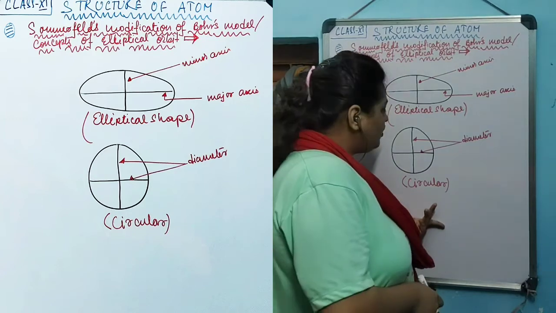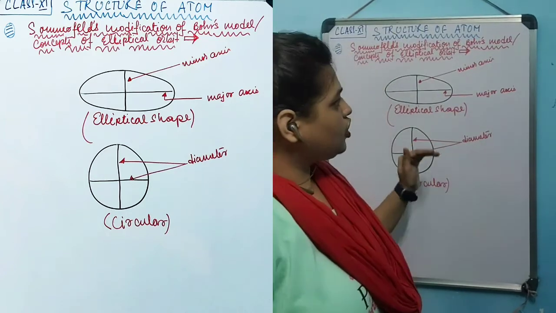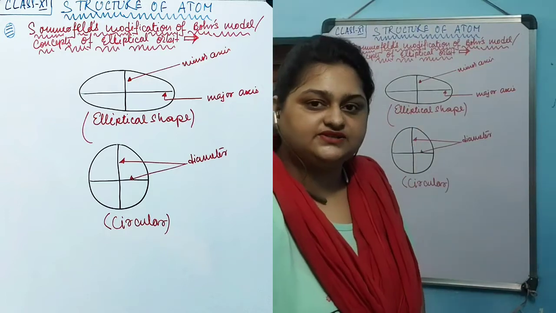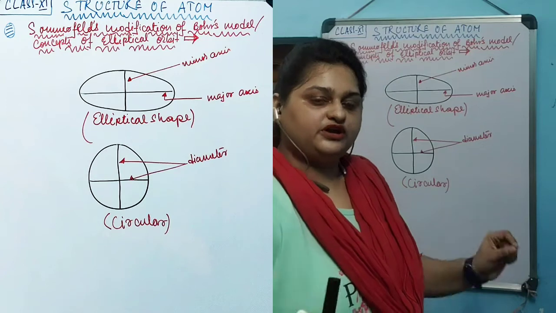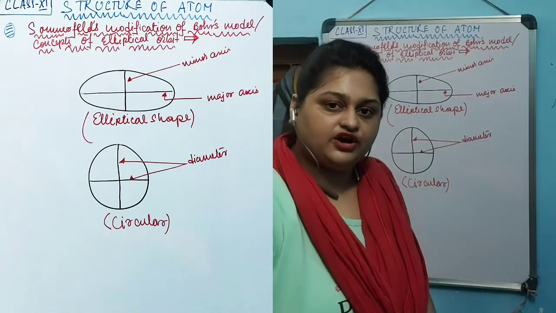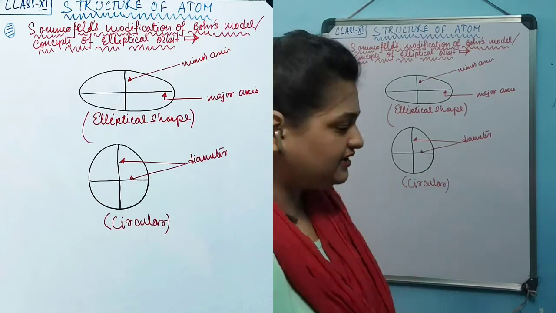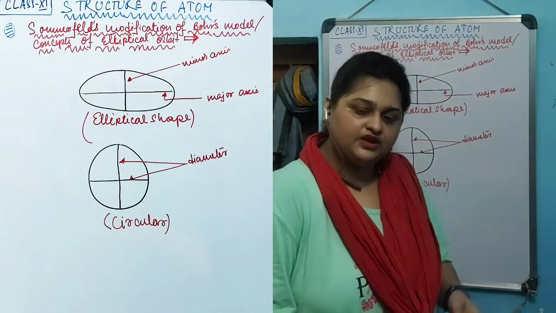In a circular shape, there is no concept of minor axis and major axis. There is a concept of diameter, because any two opposite points in a circle have the same distance between them. That is, the diameter in all possible directions is the same.